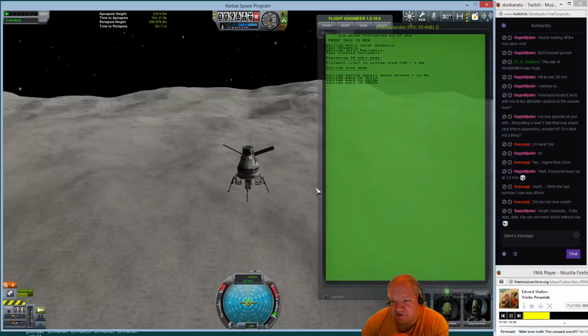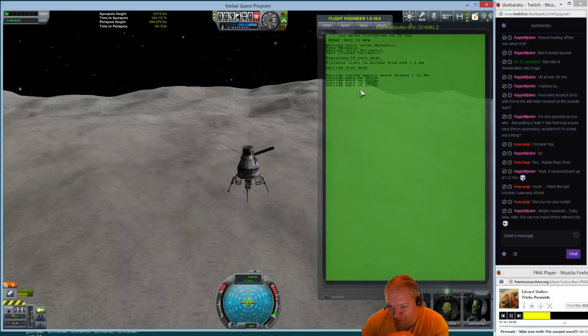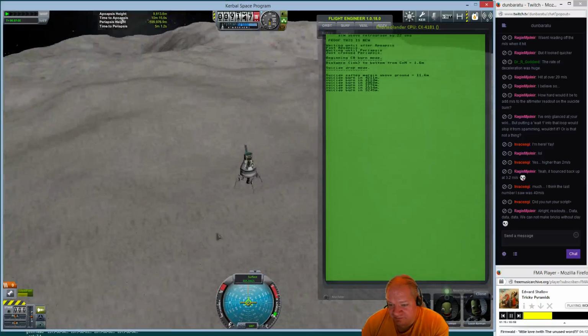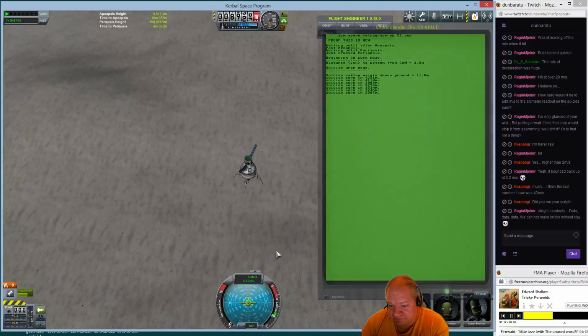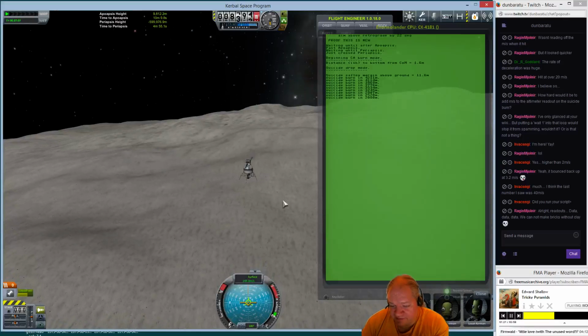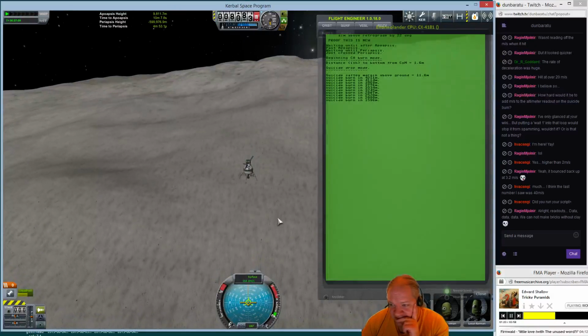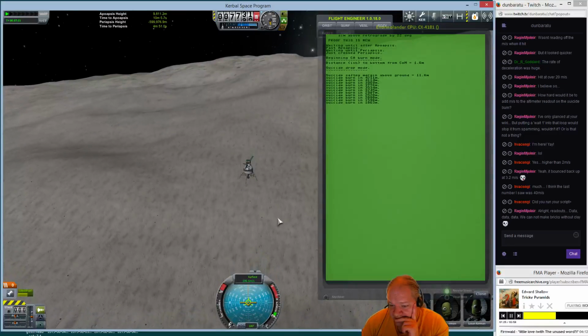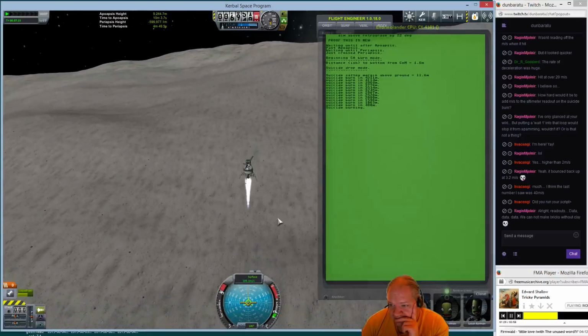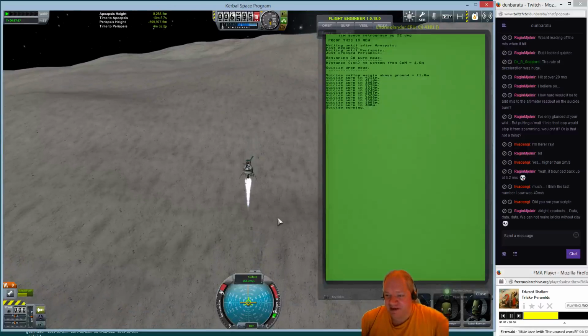Now, once the suicide burn starts, this is supposed to start spewing a lot of text. Zoom out a little bit this time so we can actually watch it as it comes down. Again, nothing prints, and I don't know why.